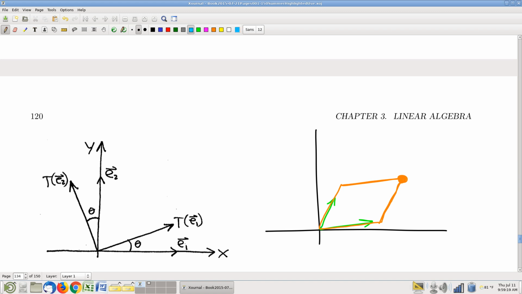Okay, so there I've rotated the entire parallelogram pretty decently, if I do say so myself. So I have a parallelogram and its rotation.